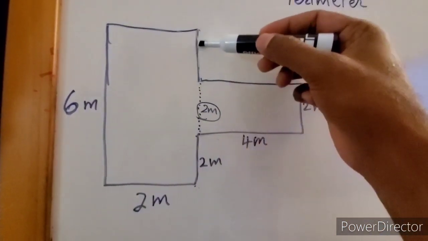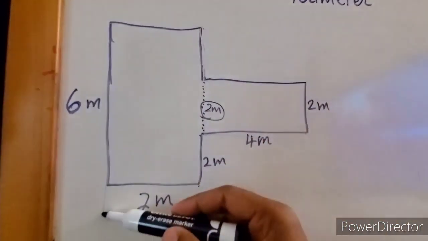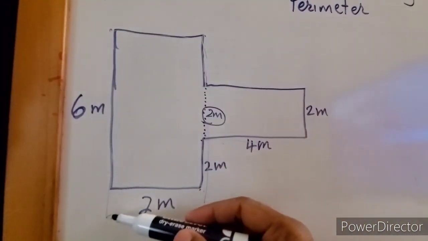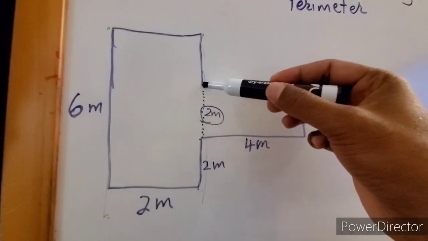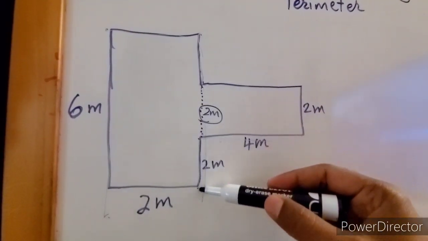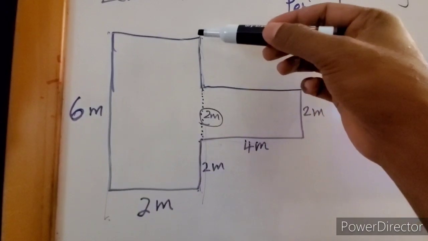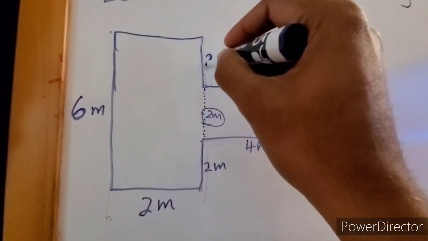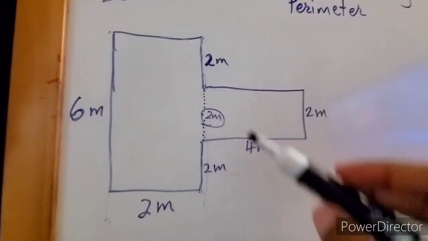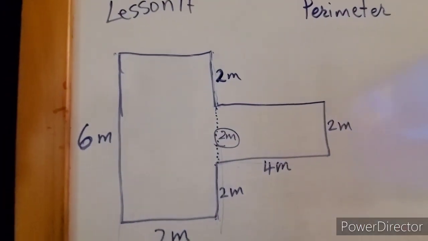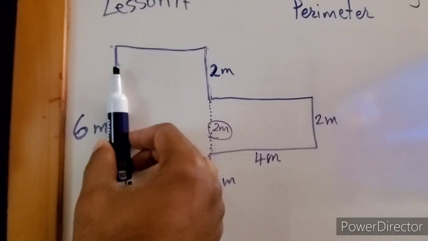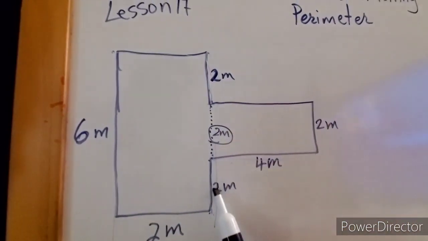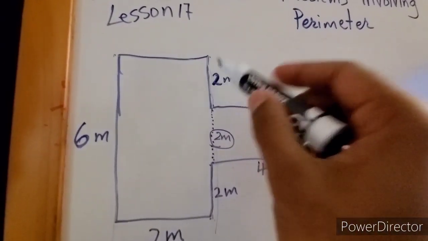We need to know how much is this, because all this side is equal to this side. And if this side is 6, and from here all the way down is 4, what would be this distance? So 2 plus 2 is 4. And then this would be 2. Yes, if you guessed 2, that's perfectly fine, because it's identical to this side. So this is 2 plus 2, 4 plus 2 is 6. So this side is 6.